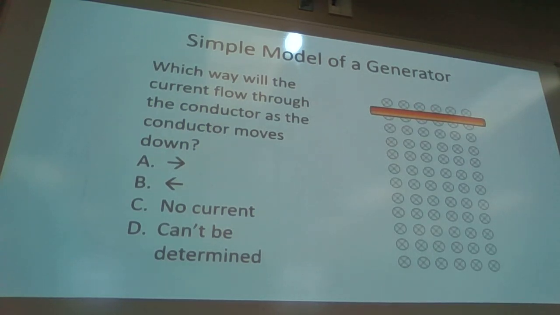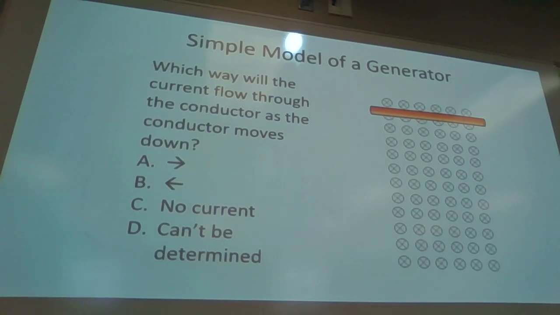Okay. Trick question. Correct answer is C. Why not? Oh, I know, because there's no circuit. Because it's not connected to a circuit. There is an induced voltage.